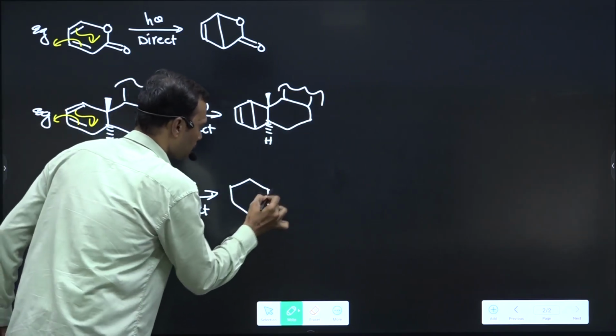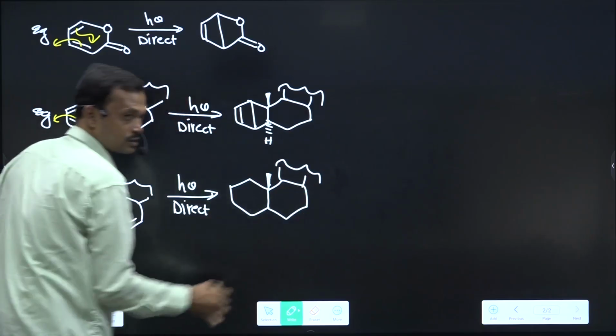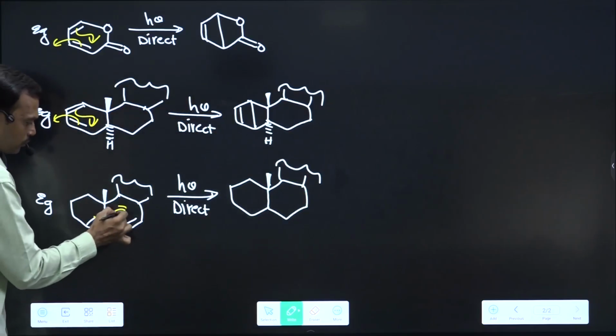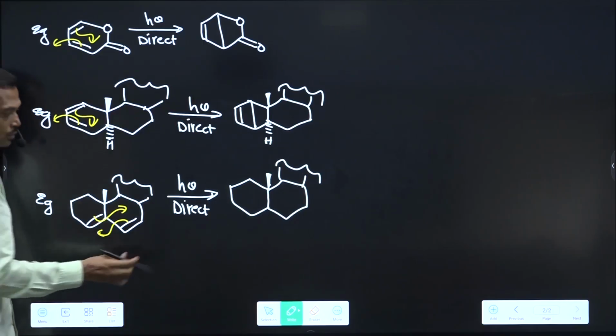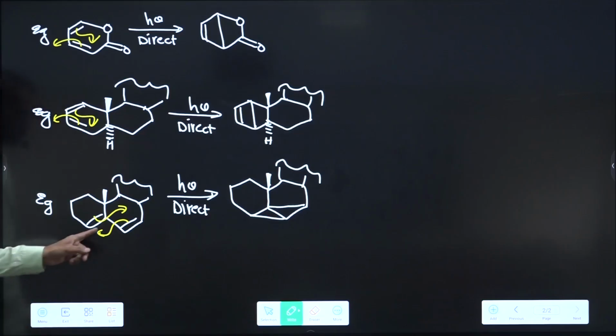Now trans partner. It is not cis partner. It is a trans partner. See, this is a trans partner. When trans partner combines, what is your answer? Bicyclic compound. So this will combine with this. This will combine with this. Is it trans or not?